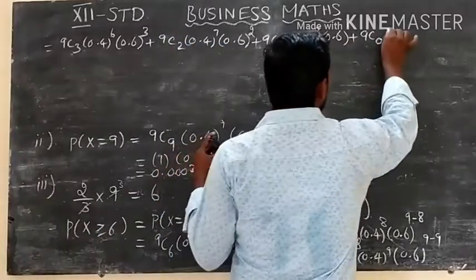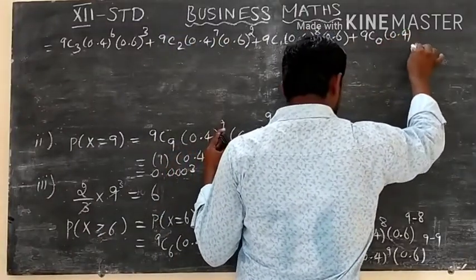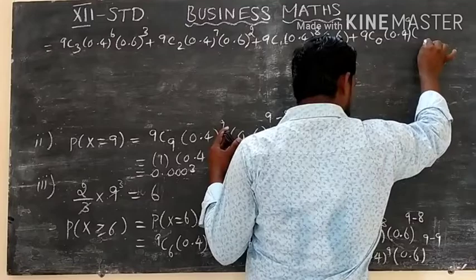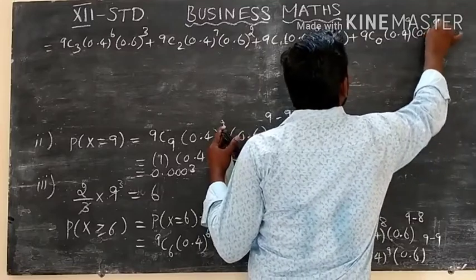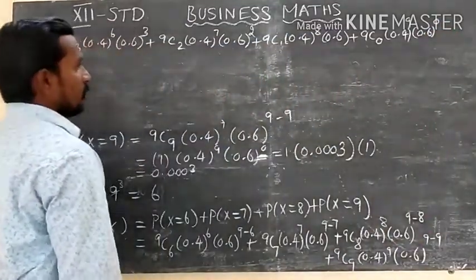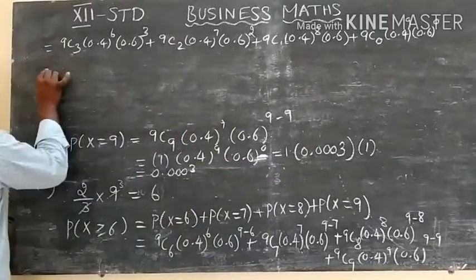So 9C0 0.4 power 9 into 0.6 power 0, 9 minus 9 is 0.